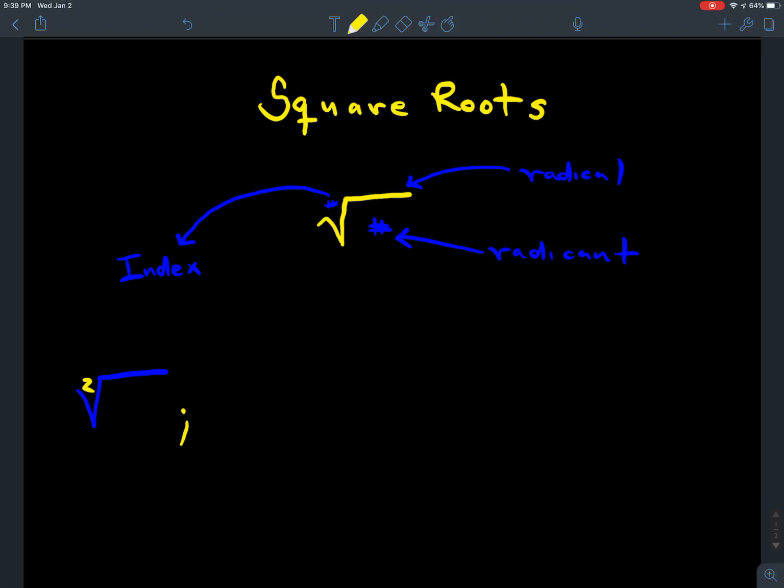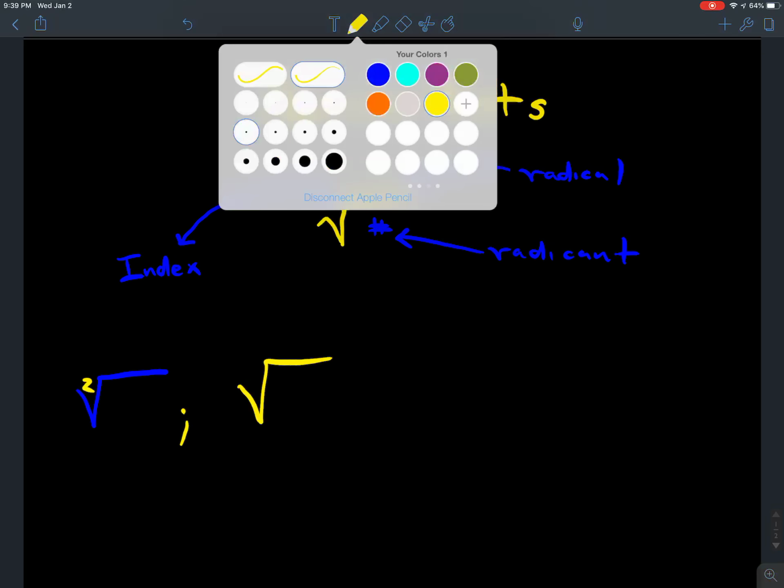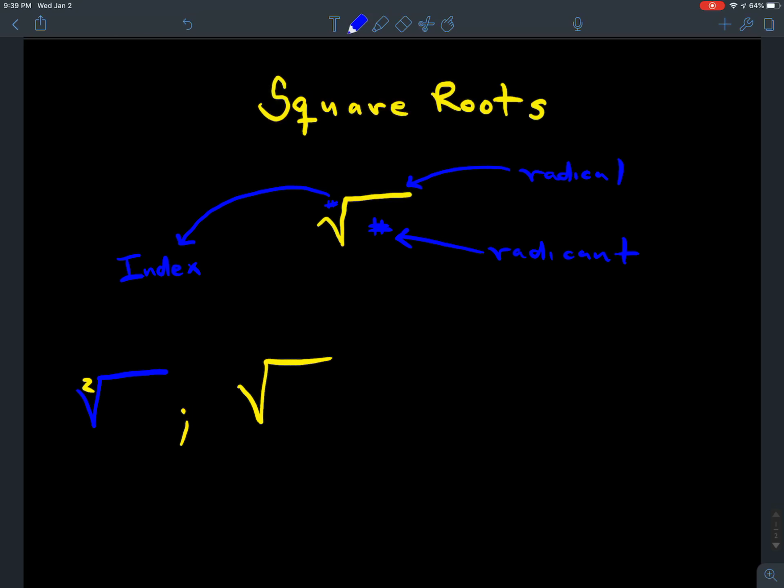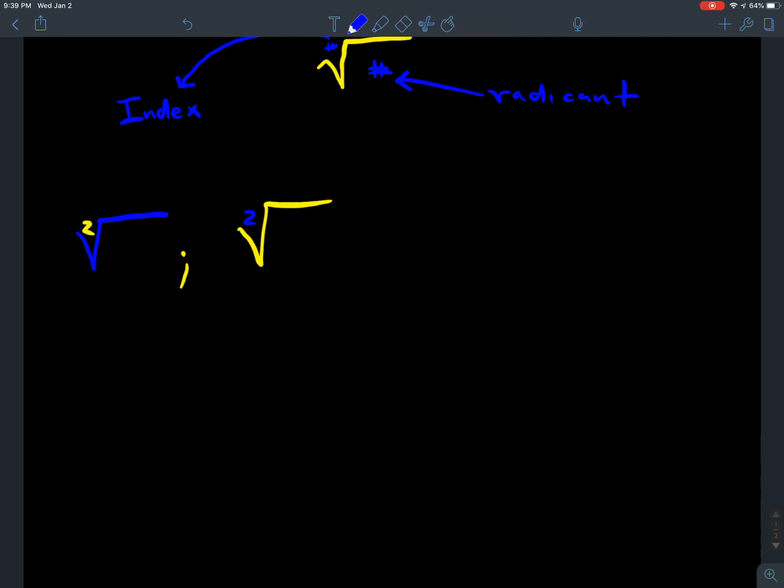Again, if you see a radical and it doesn't have a number inside of it in the index position, then know it is an invisible 2. Other than that, you will always see an index. It'll be 3.